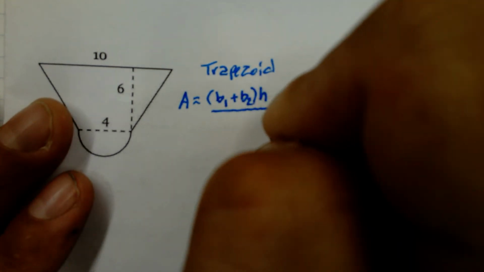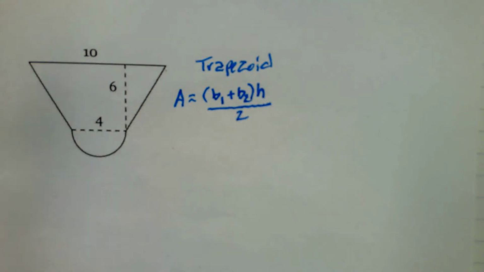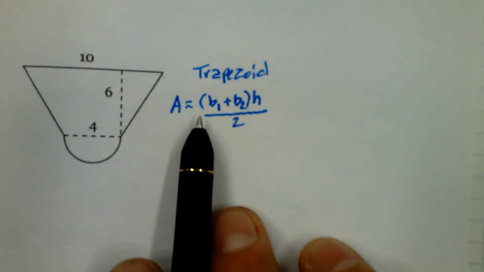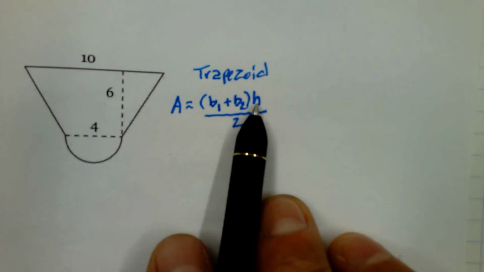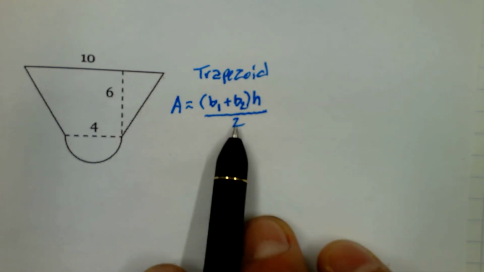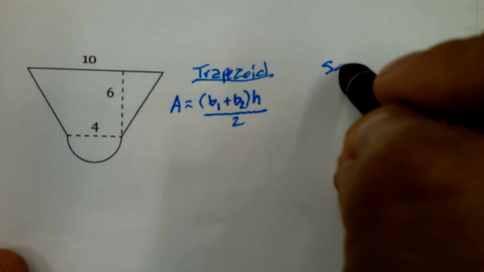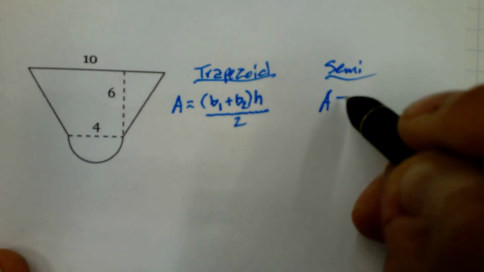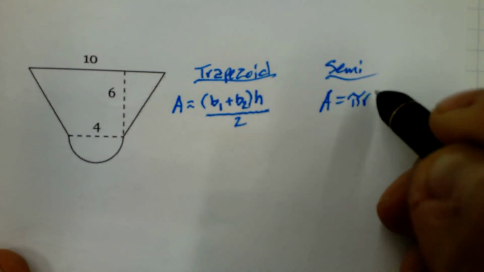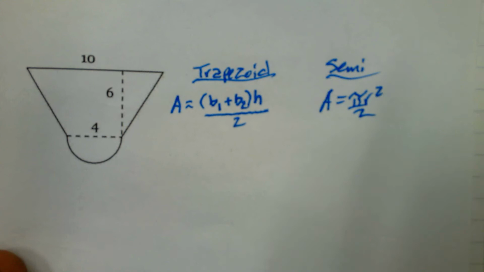And then we have to divide all of that by 2. Base 1 plus base 2, so you have to figure out that sum, multiply it by the height, and then divide it by 2. Let's do the semicircle. We know that one now. Pi r squared divided by 2.